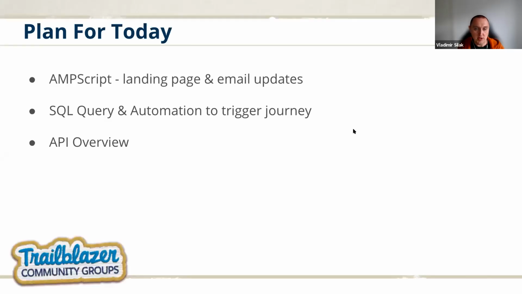So the plan for today is to look back into our AMPscript, our landing pages and email updates. We're going to introduce AMPscript to get some processing going on and tie a few things together, so there is some logic here and there, and they are actually functional and working.